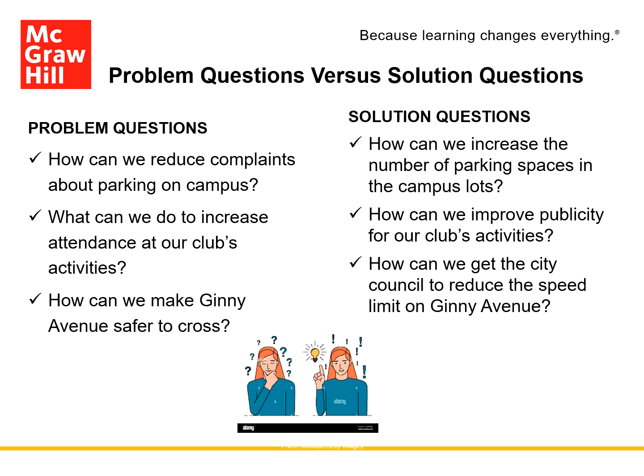And think about yourself in groups. So a problem question in a group might be, how can we reduce complaints about parking on campus? But a solution question might be, how can we increase the number of parking spaces in the campus lots? I hope you see the difference there.